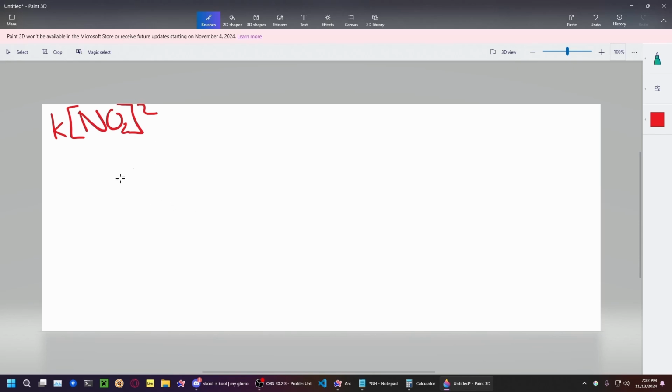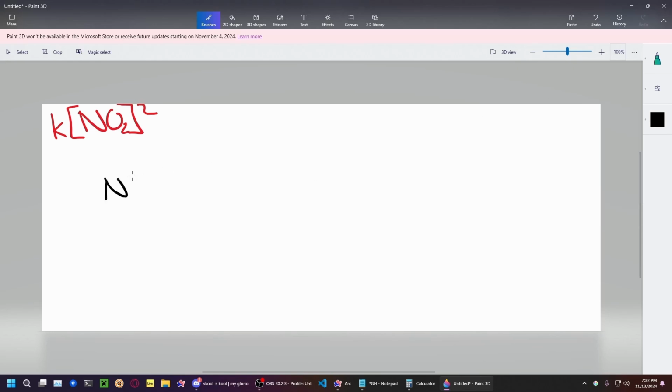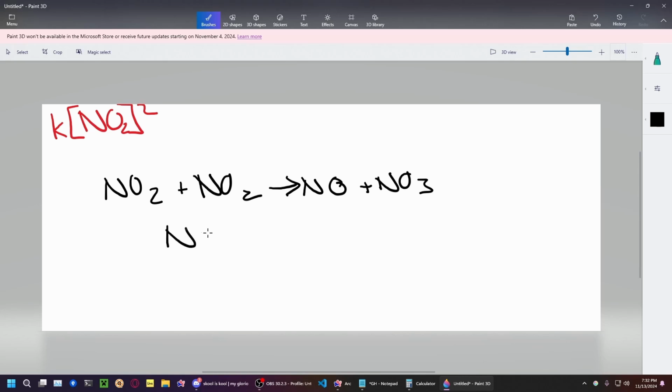If we're given that our step 1 is NO2 plus NO2 yielding NO plus NO3, and our second step is our NO3 yielding NO plus O2, this is the slow step, and this is the fast step.